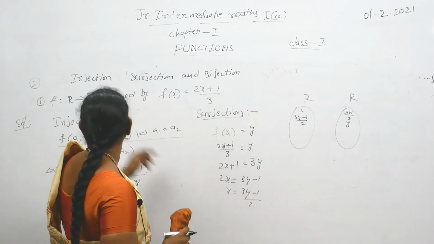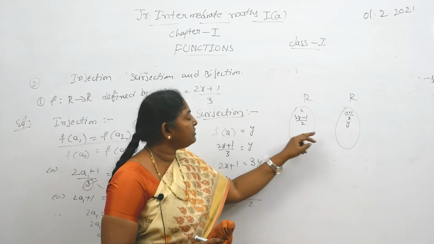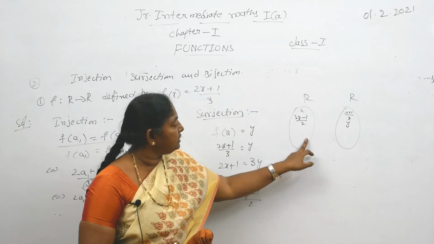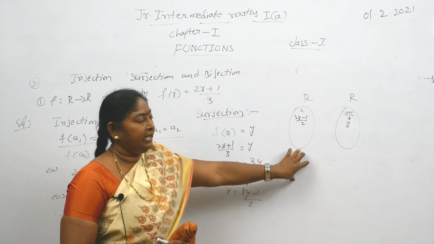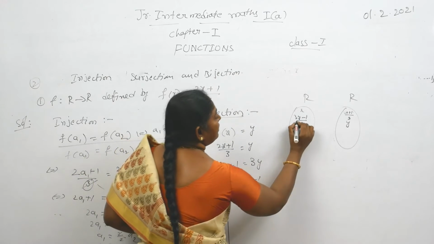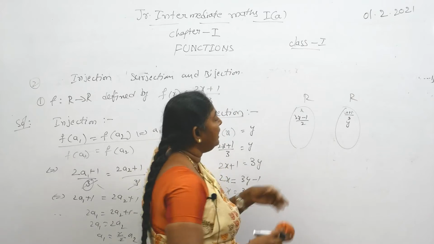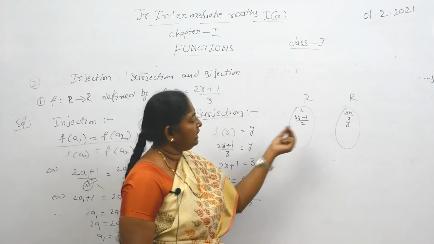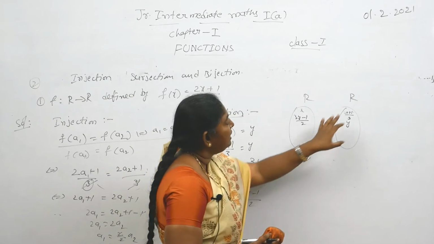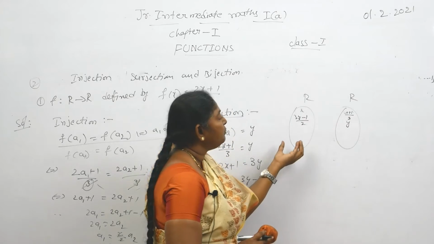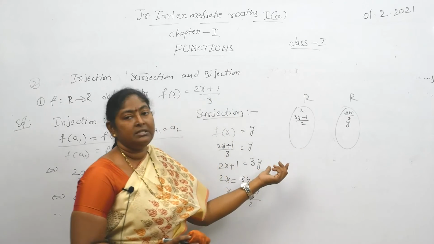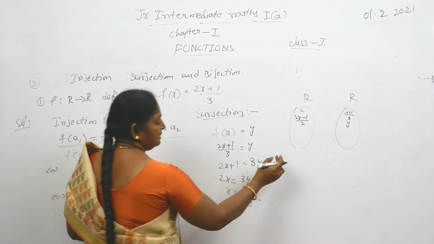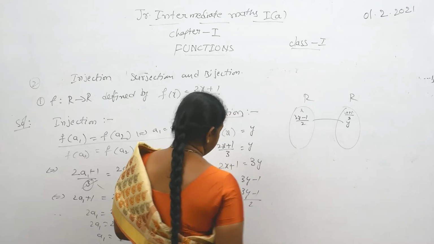If you substitute any real values, we can get real values only. Here the denominator 2 is there, so we can get all real numbers. Not only that, every image has a pre-image. So this condition satisfies surjection.